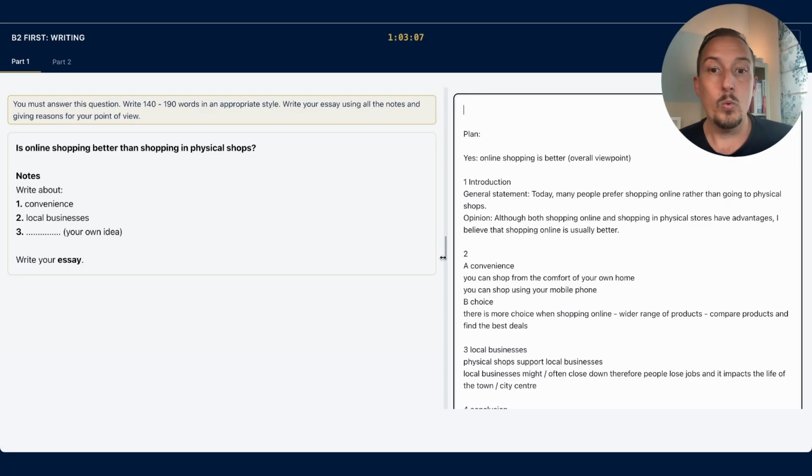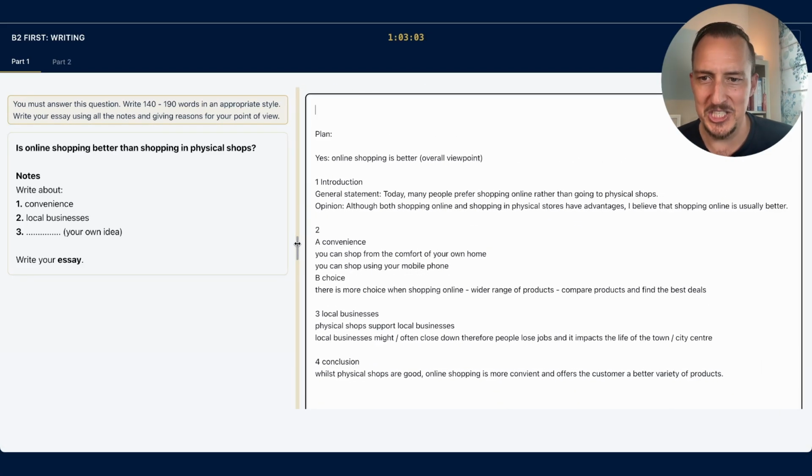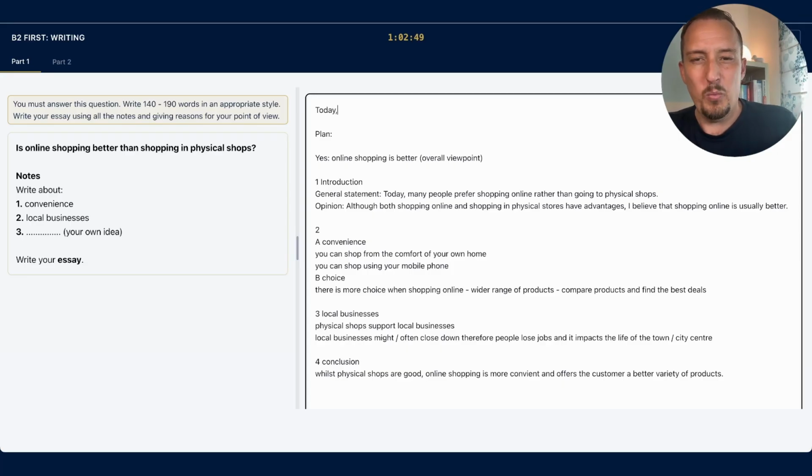Also, in the exam, you'll be able to do this, which actually makes it much easier, so we can have a bigger space to work with. That's a lot better, so we can see everything. Okay, so introduction then. Is online shopping better than shopping in physical shops? So we can say, now today is a good word. Actually, what's better than today is a really nice one, particularly when talking about trends. Nowadays.